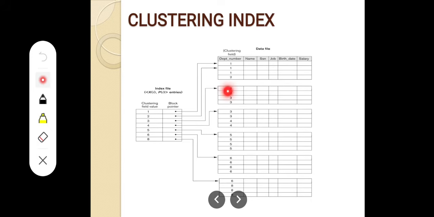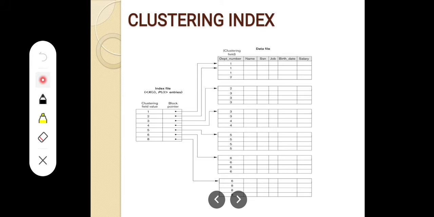There is no space for inserting the value 2, because it is already filled. There is no gap between these two. So this is a problem for the clustering index. We can't store the record for 2 at the end, because this has to be ordered, since we said this is an ordered file. So adding a new record for department number 2 will be a tedious task.